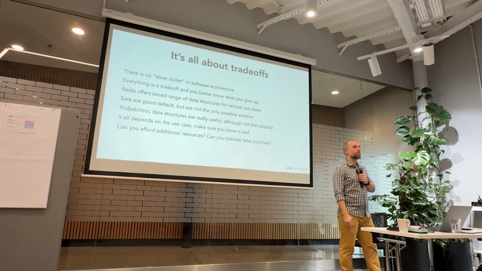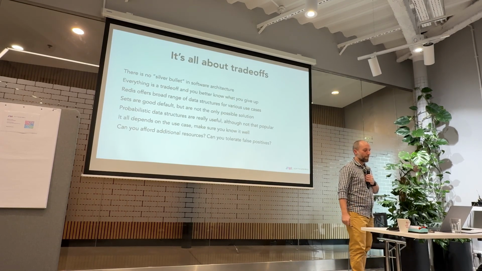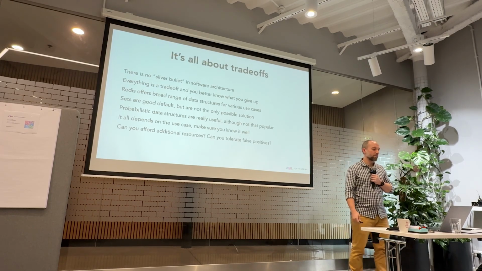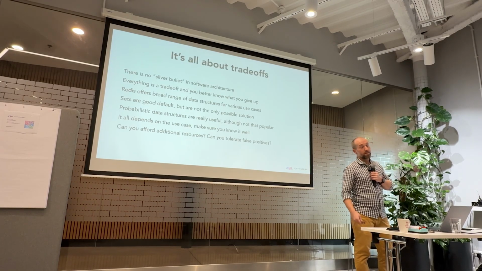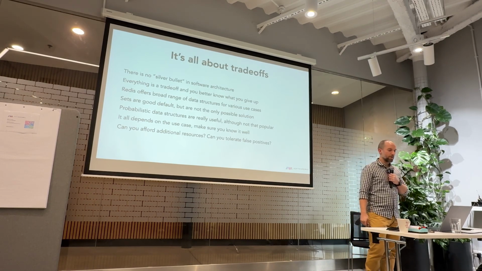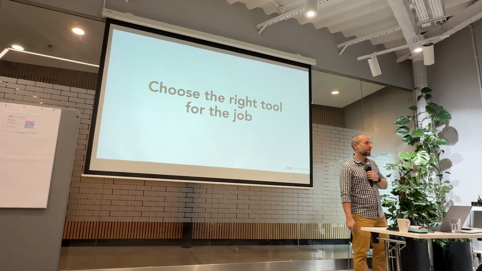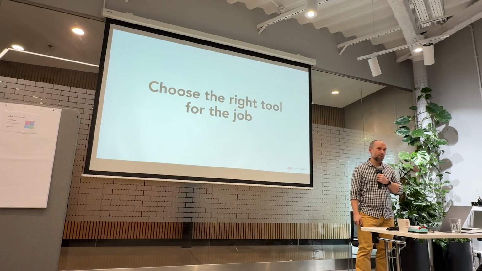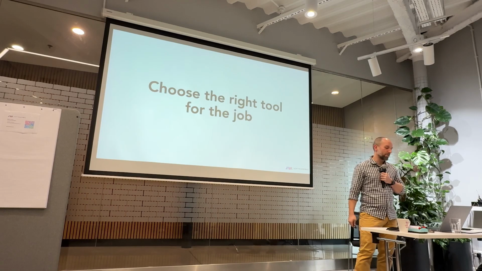They also fit if you cannot afford additional resources, for example if you have a lot of items that you cannot fit into memory and you don't want to invest much in infrastructure, and if you can tolerate some false positives. As we saw, we have to tolerate false positives because we cannot shield from all of them. So basically, choose the right tool for the job. Probabilistic data structures are good to have in your toolbox, and use them if you validate that they are the right tool for the job. Thank you.